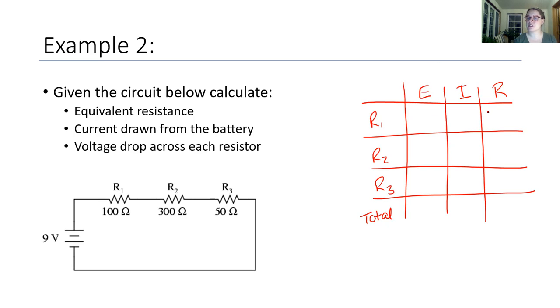All right. So we know, again, we have 9 volts at the battery, so that's at our total. And then we have 100 ohms, 300 ohms, and 50 ohms.